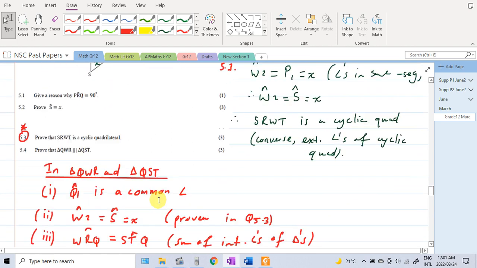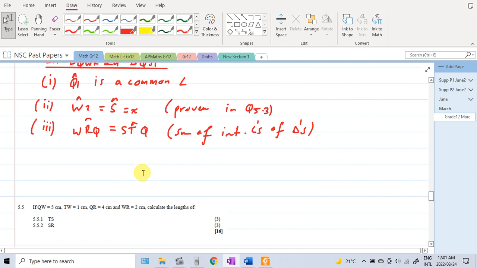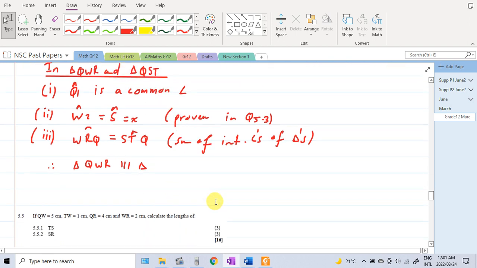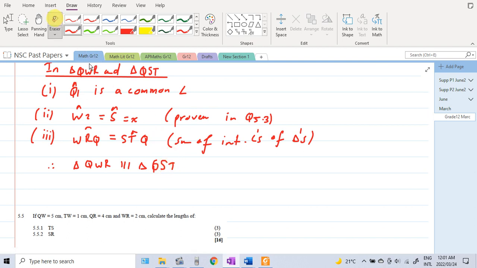Therefore, triangle QWR is now similar to triangle QST. Let's write it neater. Alright, perfect guys.